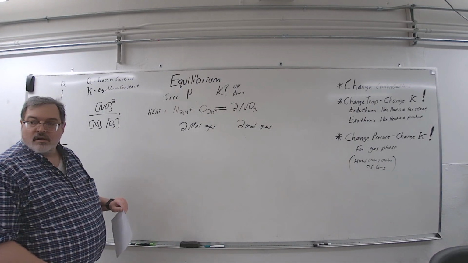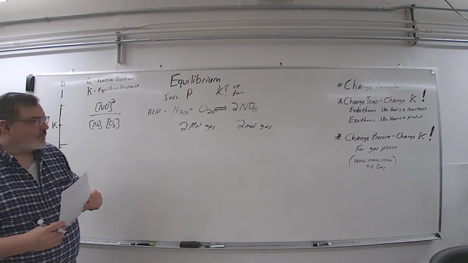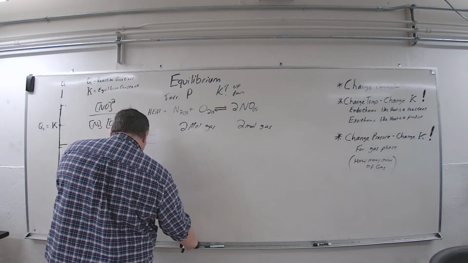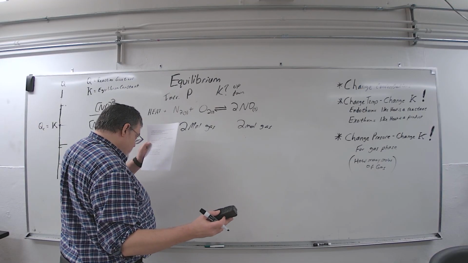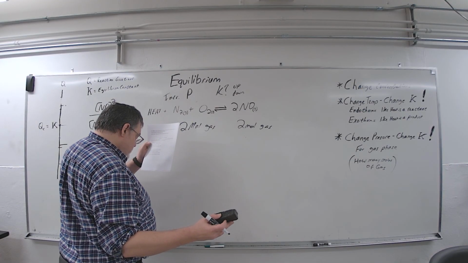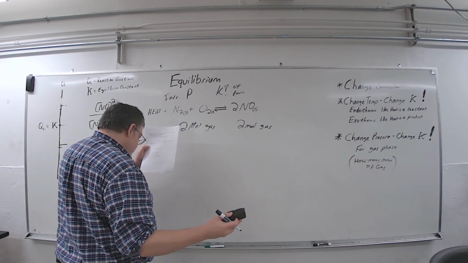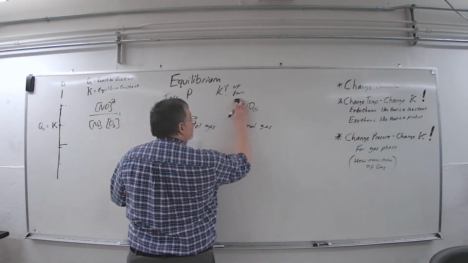What happens if there's different mole values, and you increase the pressure? If these are different, it's like the first example I did, but let me find another one. Here, let me do this one.